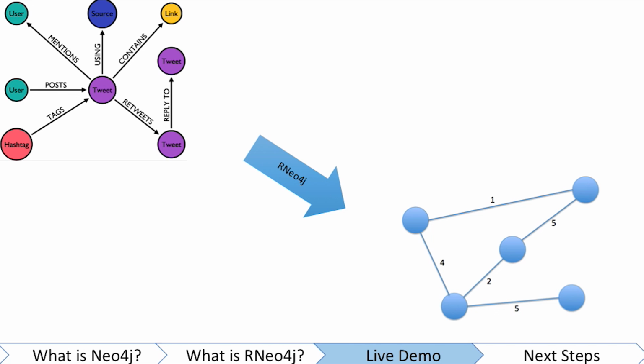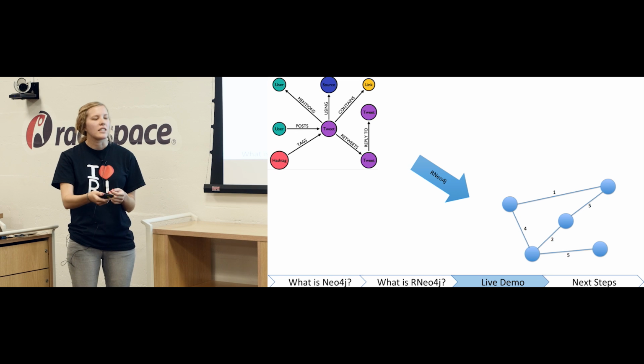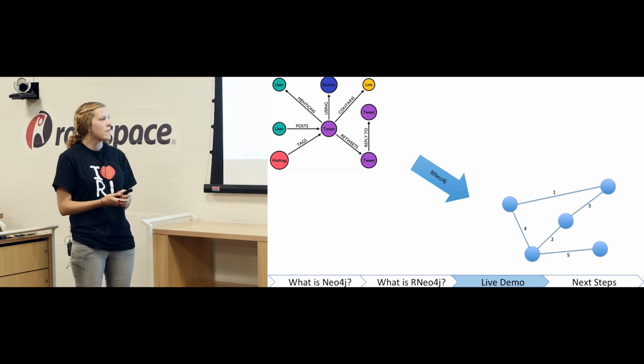So I'll use R in the middle to ask these types of questions. For example, when I look at this, I see, oh, perhaps every node can be a user, and 2 users are connected if they've both tweeted the same hashtag, and it's weighted by how many times they've done that. Or maybe each node is a link, and they're connected if they've been tweeted together, or something like that.